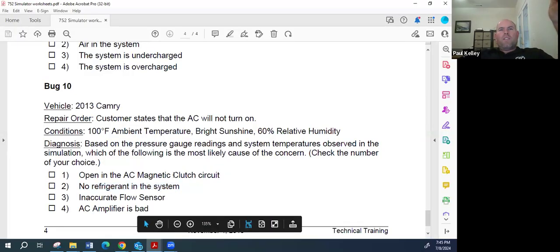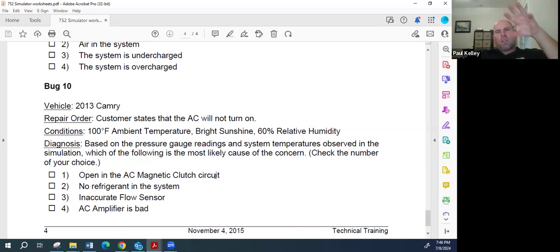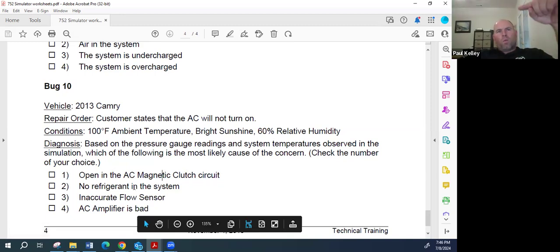If the green light's not flashing, we don't have an issue here, do we? So green light not flashing means we can cross off 1, right? Because remember, if we have a fault in the magnetic clutch circuit, the green light flashes. Cool. So we can eliminate 1 and 2. Now we're between 3 and 4.